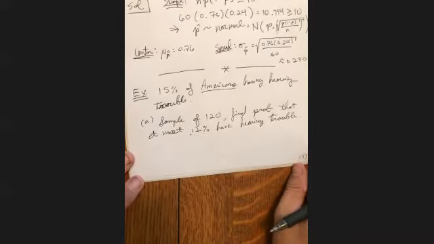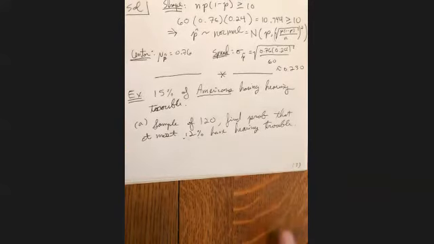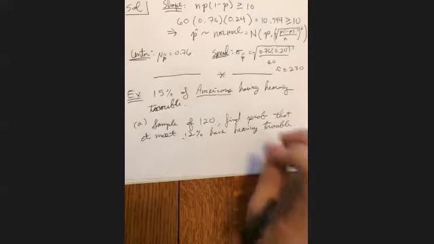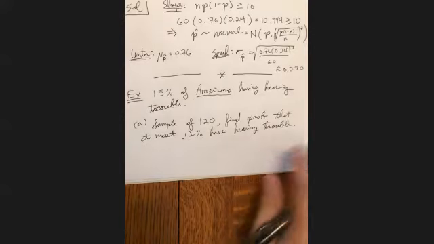Okay, so the first thing we need to do in order to calculate a probability is we need to know what the distribution is for the problem. Now, the only distribution we've talked about in this context is the normal distribution, but we can't just assume that we have normality. We have to determine whether it's a correct assumption or not.